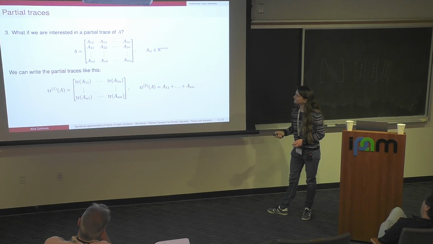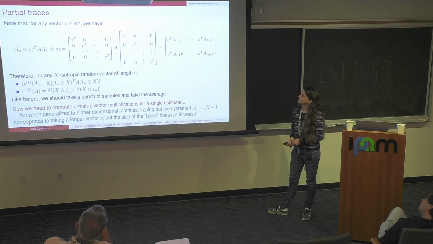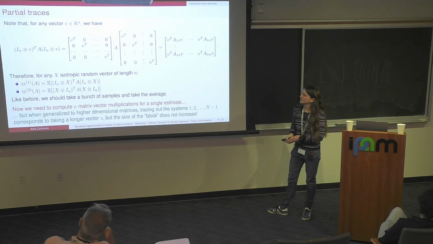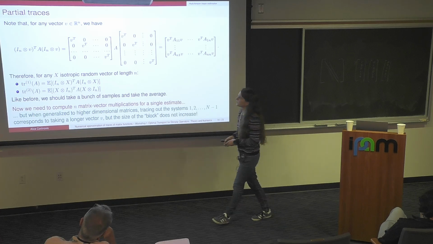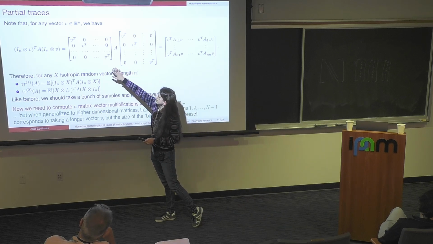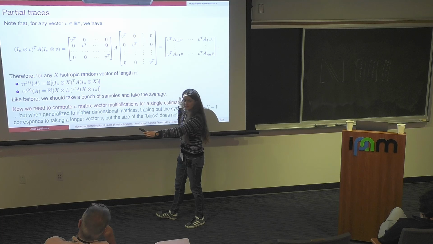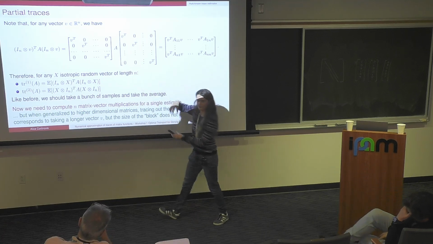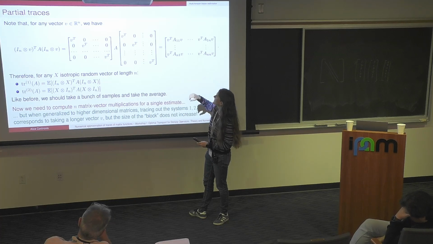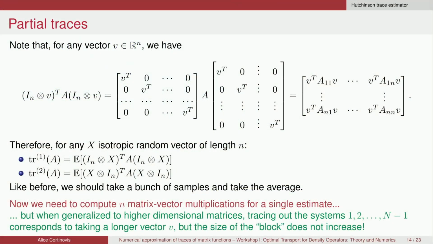The nice thing here is that if you tensorize a vector v with identity, and then you take the quadratic form, which now looks like a long matrix times a big matrix times a tall, skinny matrix, this exactly gives you a smaller matrix containing the quadratic forms with the vector v.